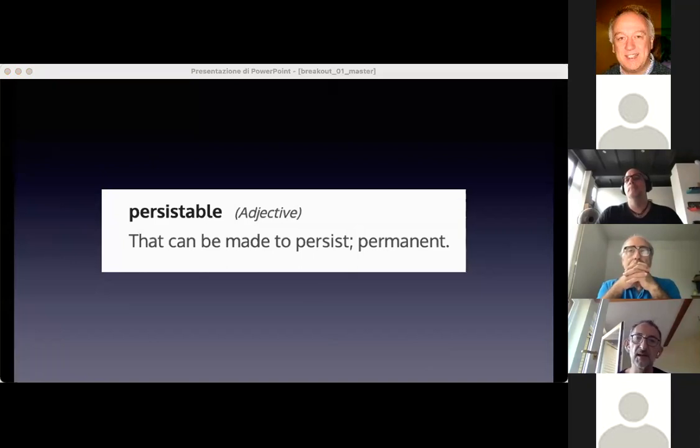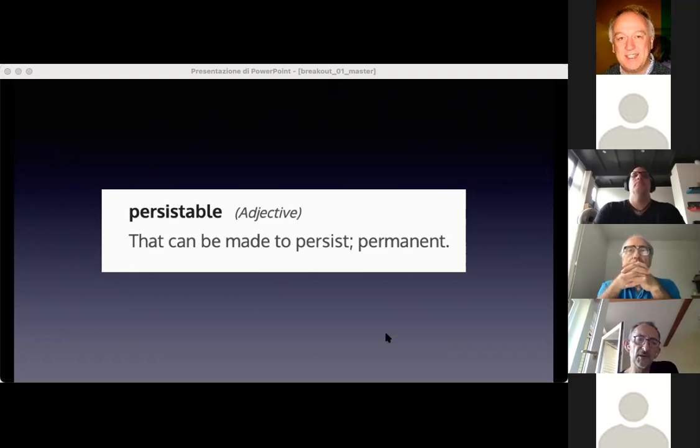In fact, I would say, though I know no one will take this up, that the P really should stand for persistable, which is something that can be made to persist or be permanent. Can is the operative word, and it needs to be done by design and through continuing effort. Those are two elements that are really important. If you can go to the next slide, please.